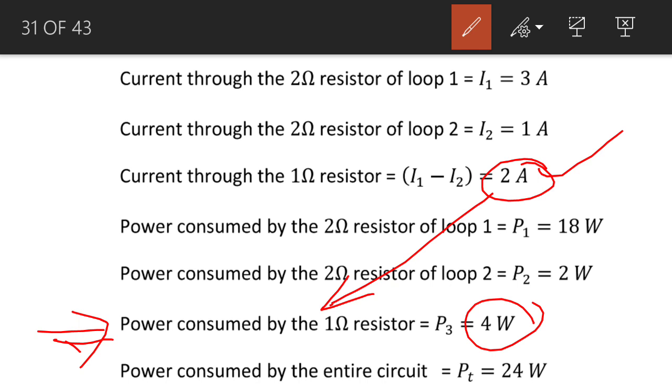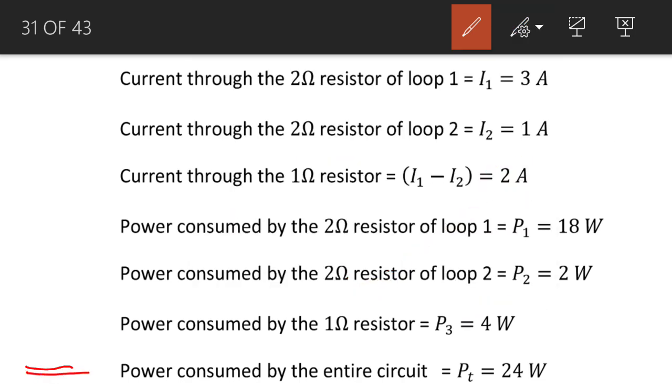Now the total power consumed by the entire circuit will be equal to P1 plus P2 plus P3, and that is 24 watt. So the entire circuit consumes a total power of 24 watt.